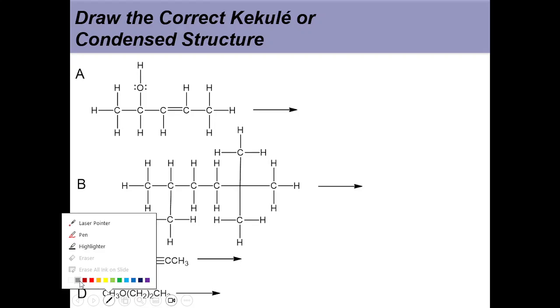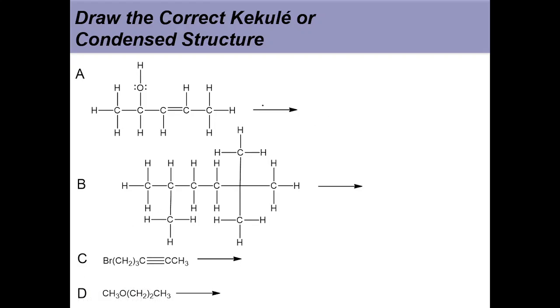So the top one, the condensed structure, we're going to break them down to the groups. There's a CH3, there's an OH, and both bond to the CH. And then another CH double bond in the center, followed by another CH3 group.